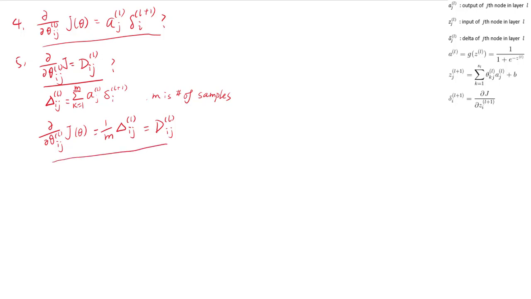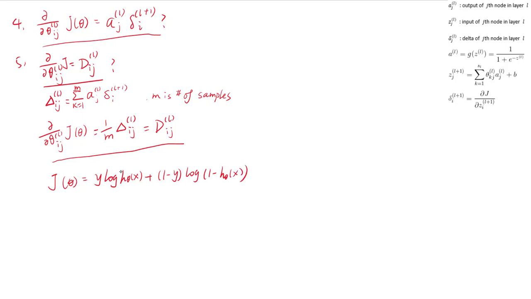And remember that when we have this equation, there are actually two equations here. One is without the bias, and one is with the bias. Until now, we assumed that the cost function is written as y log h theta x plus 1 minus y log 1 minus h theta x.